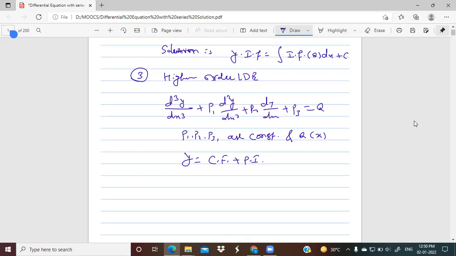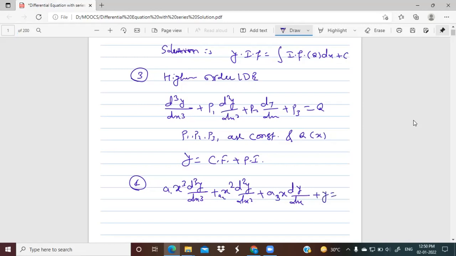If we extend this idea, we get this type of equation: x cube d3y by dx3 plus x square d2y by dx2 plus a1 x dy by dx plus y is equal to something.